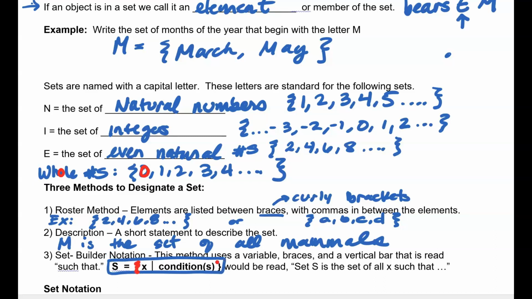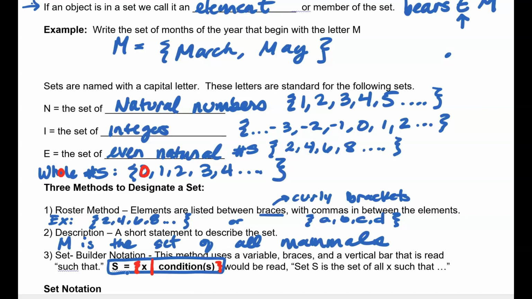So you start by using curly brackets, and then you always put this vertical line next to the X there. And so you say all values of X such that, where the vertical line means such that, and then you give a condition, the way to describe the elements in the set.